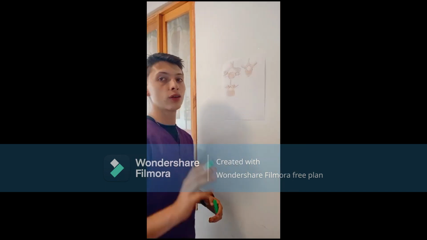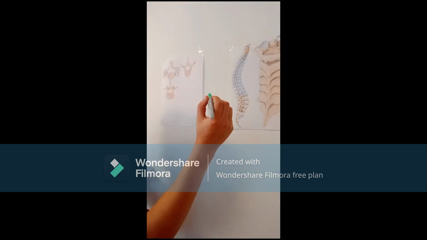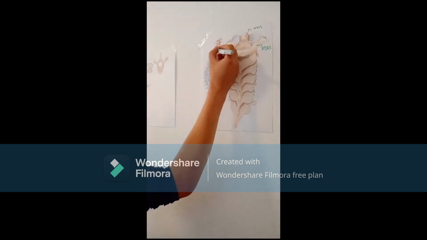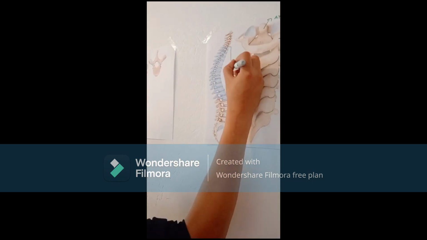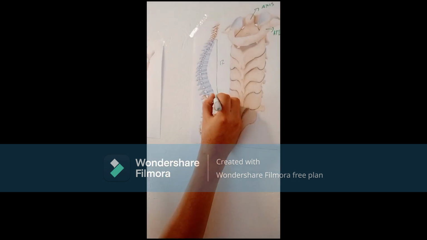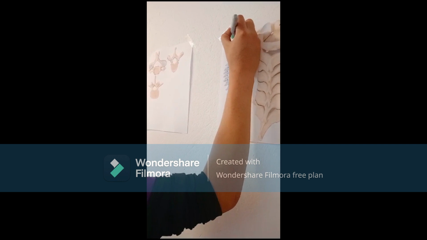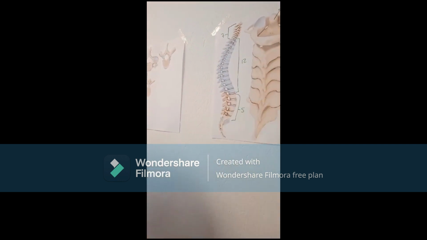In the thorax or dorsal area, it is made up of 12 vertebrae, and the lumbar area is made up of 5 vertebrae: 7, 12, and 5.